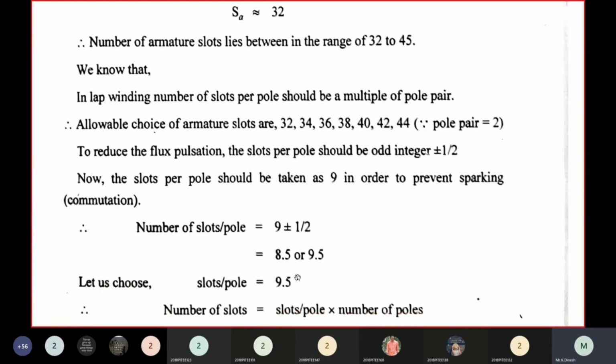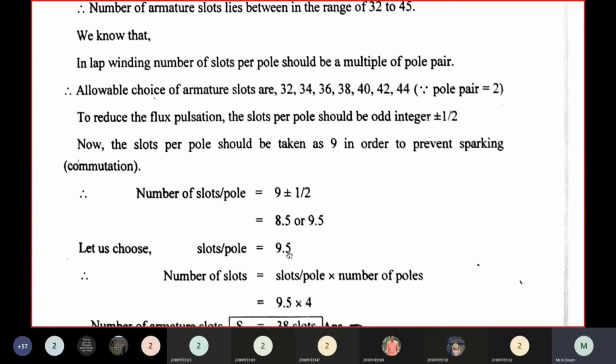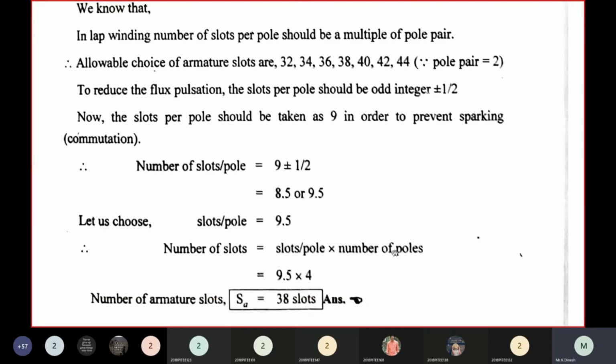For our convenience, we are taking the highest value, 9.5. So slots per pole is 9.5 and the number of poles is 4, so SA should be 38. Within this range, 38 is my desired one. So the allowable number of armature slots is 38.